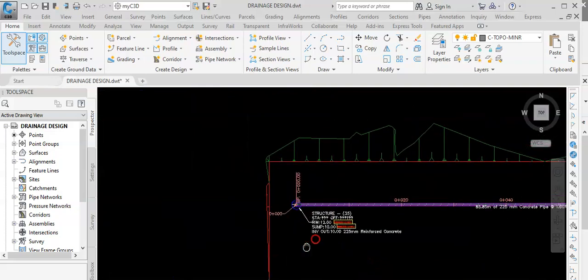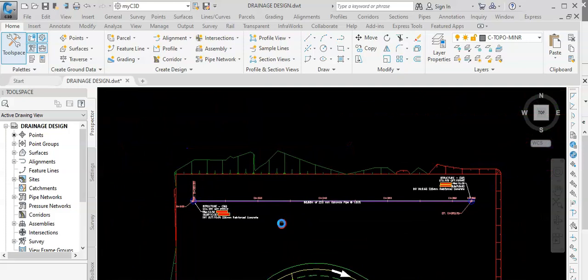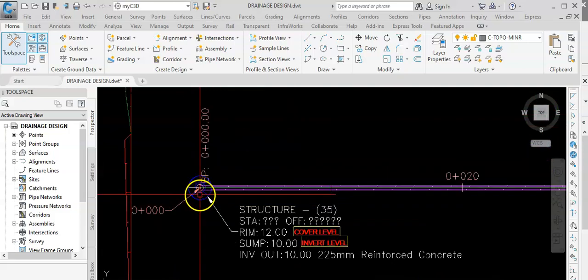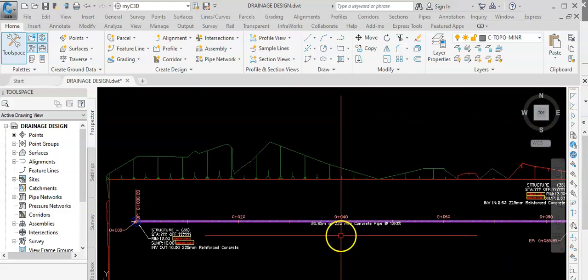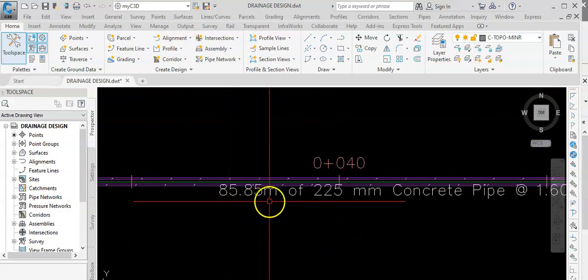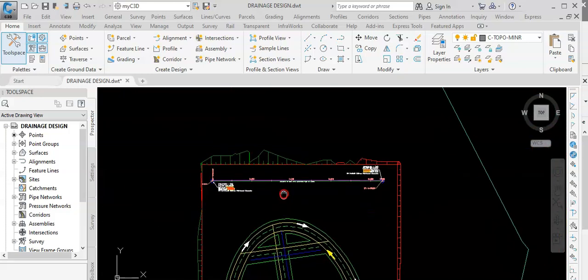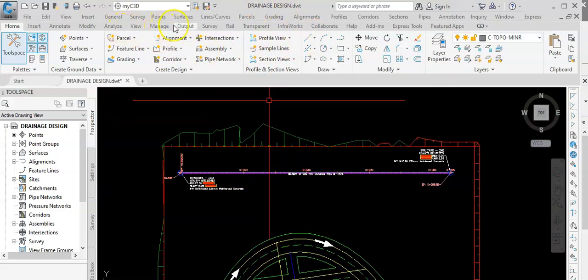Second thing is the distance between this manhole and this manhole. This is very important. The distance is 85.85 meters. Of course here it is being given, but if anyone can measure it by scaling or by using software.